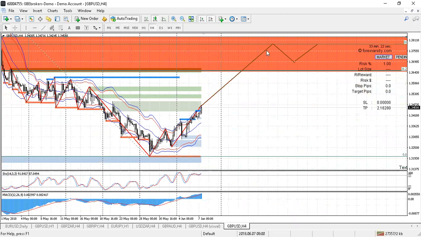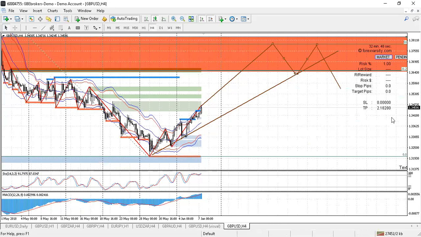So on the 4-hourly, it might look like this. You might get a double tops that you could potentially trade down as a first indication. And then you might well find the sort of thing that you would look for, just to give you an idea, not to say it's going to be exactly like this, guys, when it comes, is that you would look for trend lines to be broken and retested.